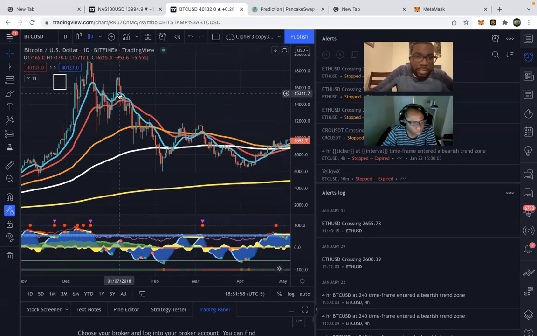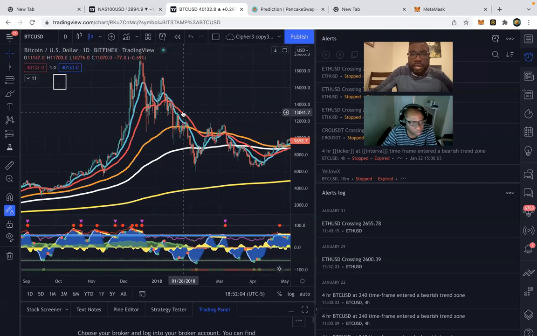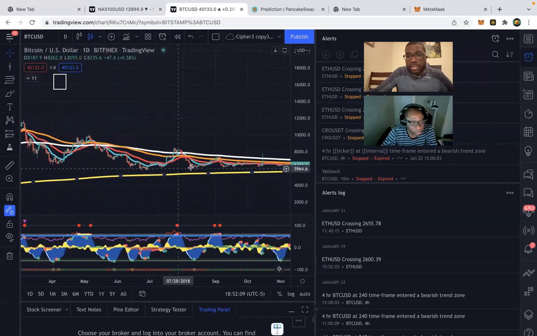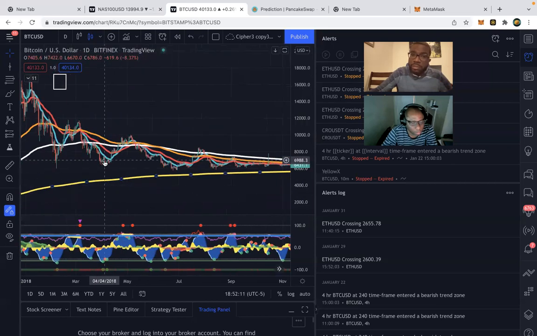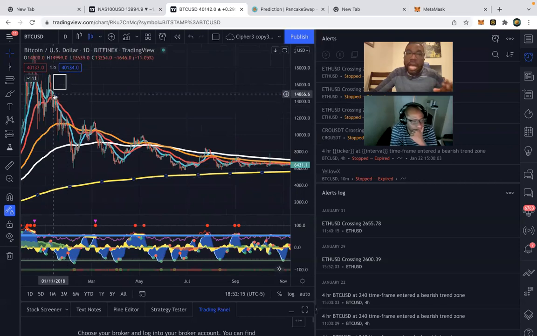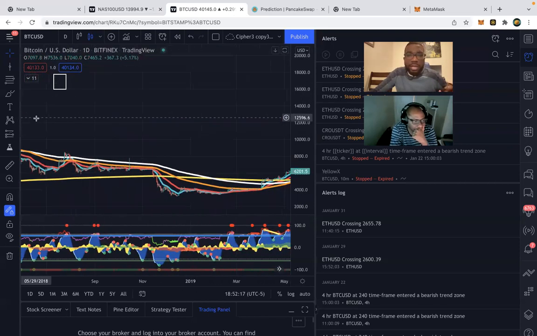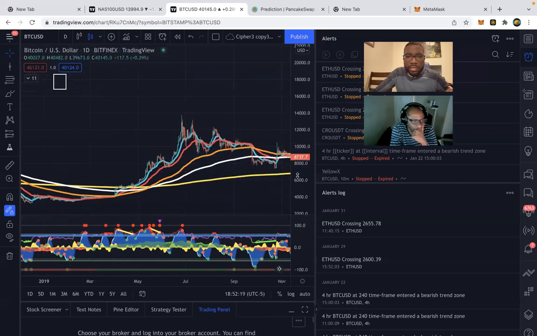Once that 13 touches the 34, when it crosses, like how you do with your 8 21, it's time to get out. As you can see, Bitcoin melted down to 3,000 eventually. I wouldn't have shorted that though. Maybe on a different time frame I would have, with the EMAs in order, but I would have just taken my profits out.